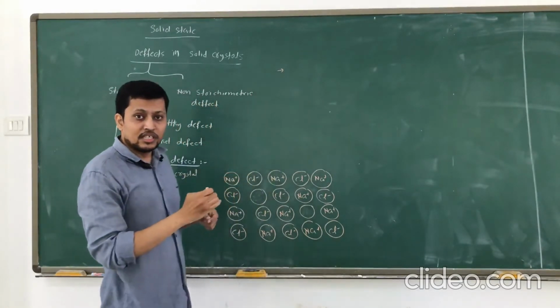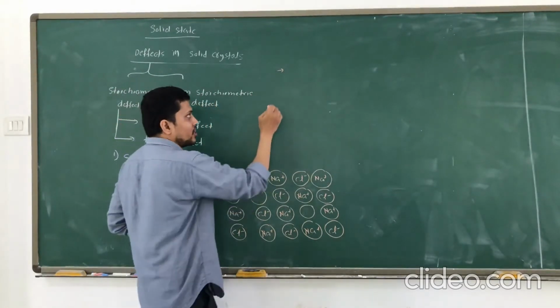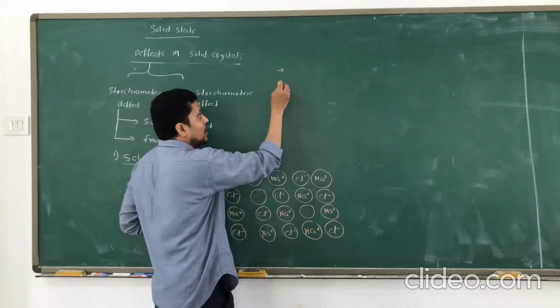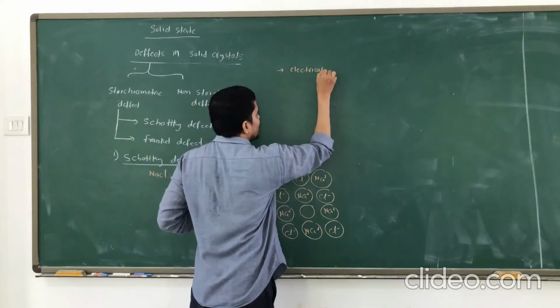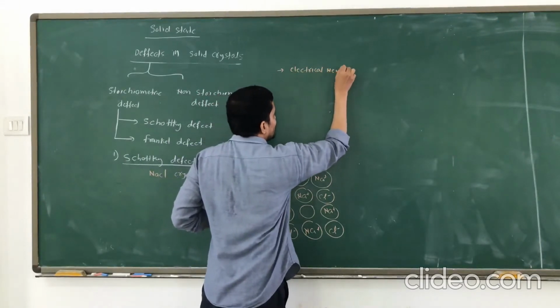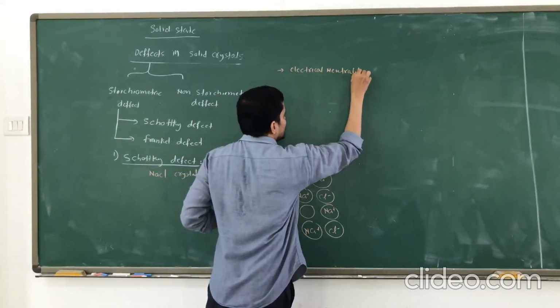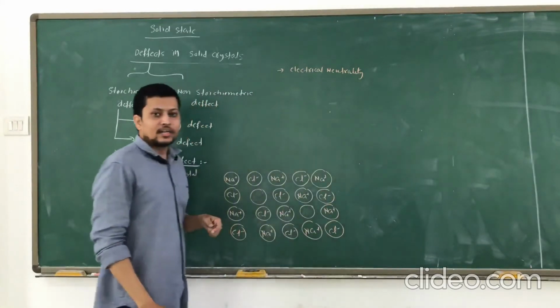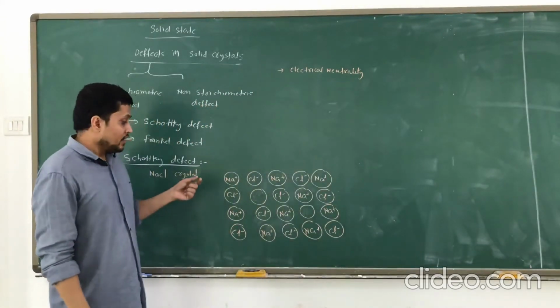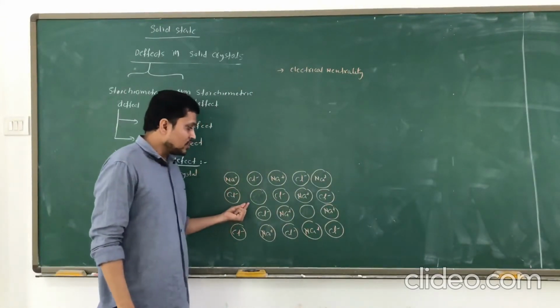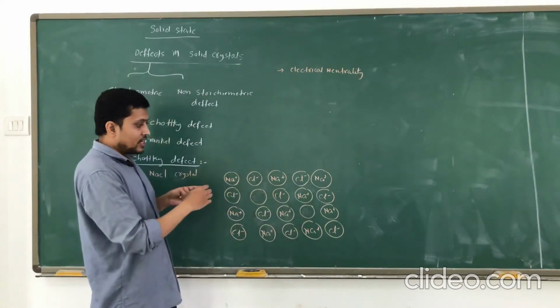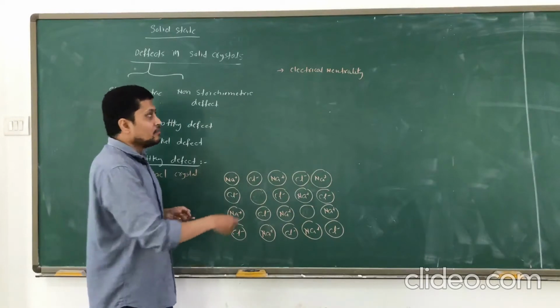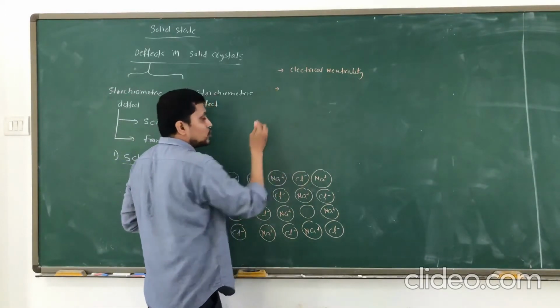So the first point to remember about the Schottky defect is that the number of anions and cations which are missing is the same, and they are maintaining electrical neutrality. And because of the Schottky defect, the number of anions and cations missing here, remember that they are going to increase.